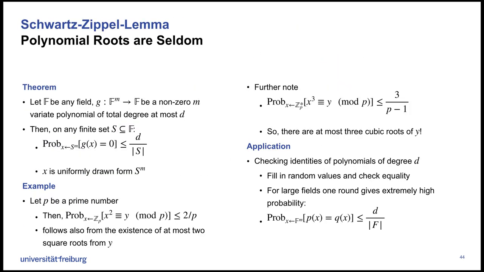And how many values do we have? Here we use the Schwartz-Zippel lemma, which says that for any field and a polynomial of degree d, the probability to get another one is d divided by s, where s is the whole set from which you can pick.